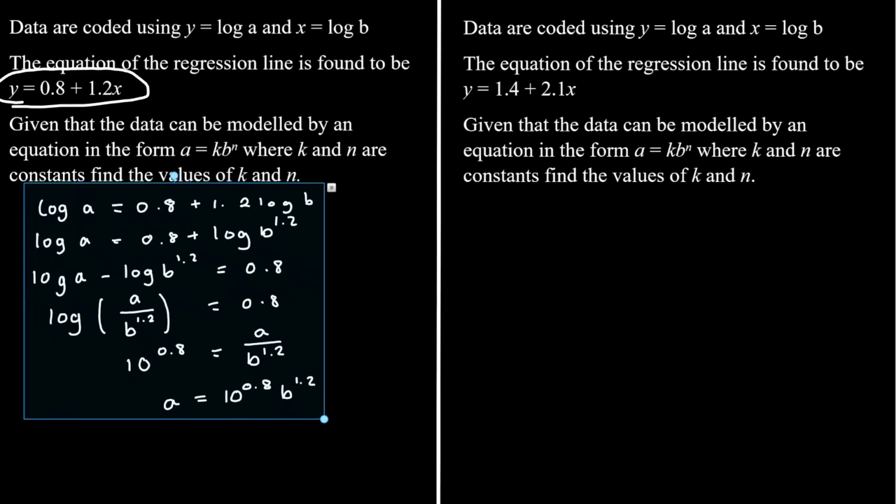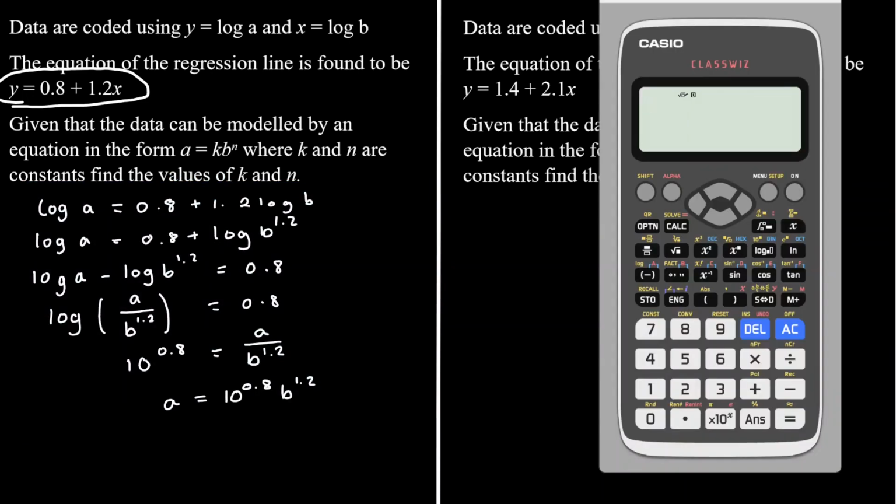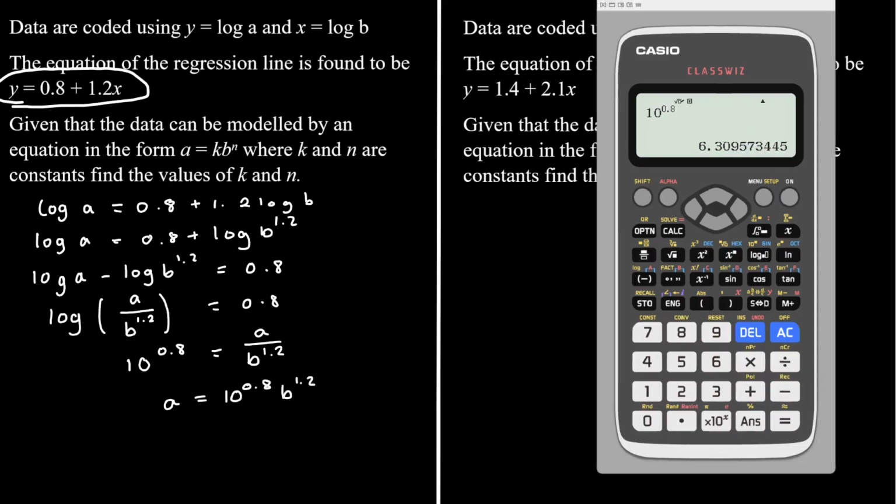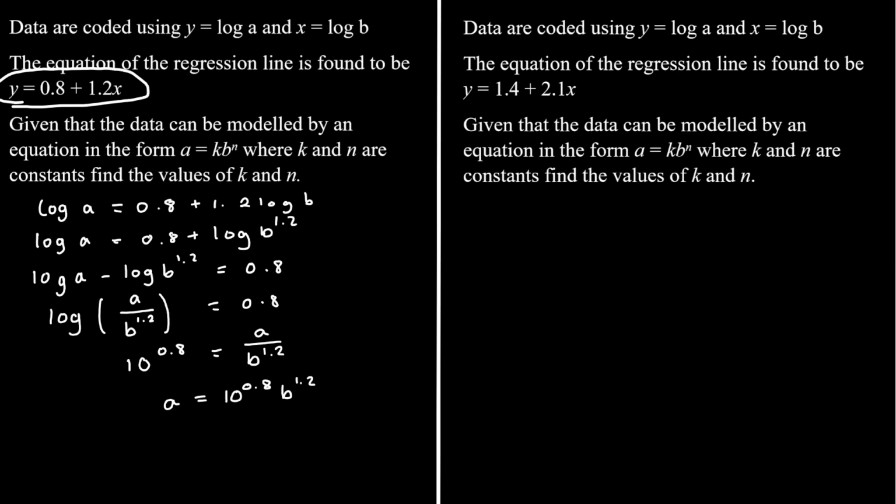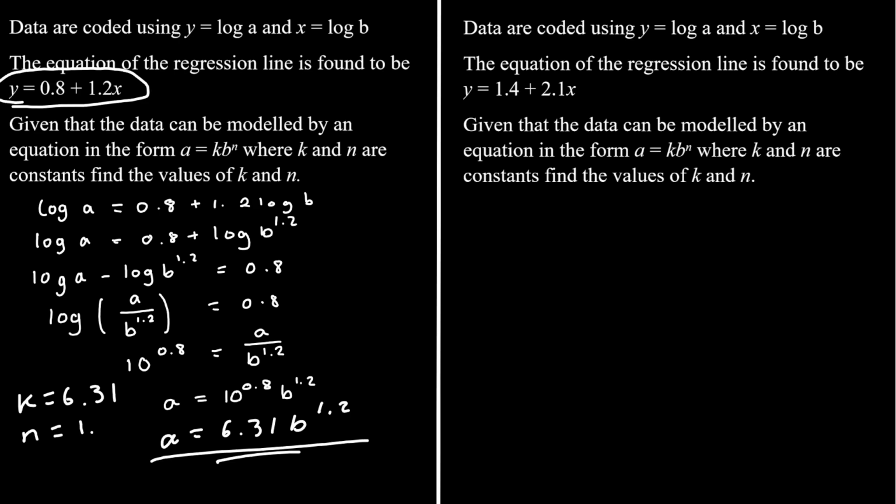I'm going to change 10 to the power of 0.8 to a number. 10 to the power of 0.8 is 6.31. So I'm going to say a is 6.31, b to the power of 1.2. So k is 6.31 and n is 1.2.